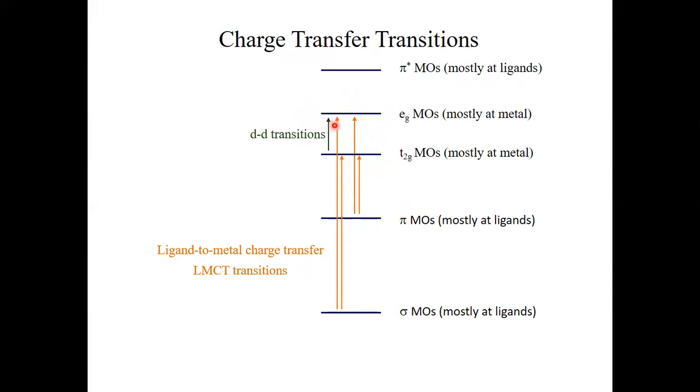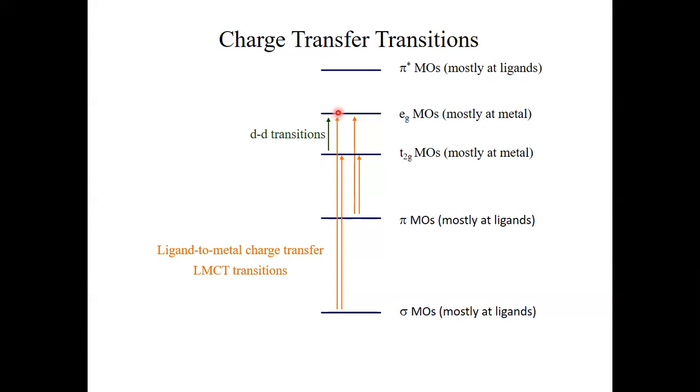Because these molecular orbitals are located mostly at the ligand, and the metal d orbitals are located mostly at the metal, we can call these transitions ligand to metal charge transfer transitions, because as the transition occurs, charge density is being transferred from the ligand to the metal.